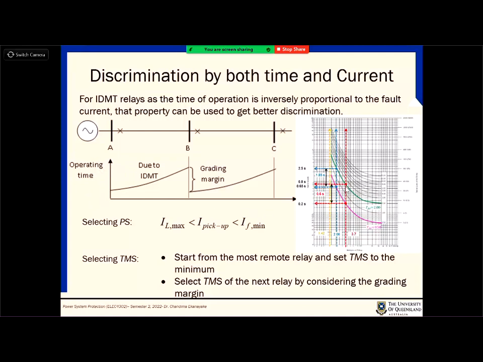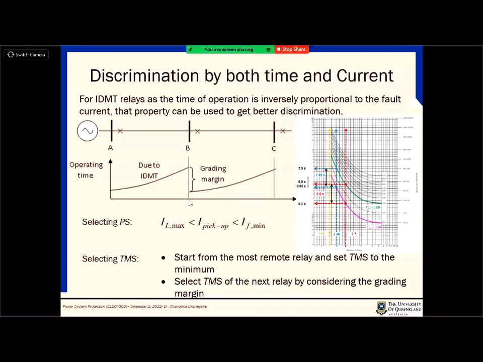That relay, you can see that the plug setting multiplier is fixed because I am operating at this point, right? And then if I set that plug setting multiplier for a certain current, that current is actually here. That is the corresponding current.